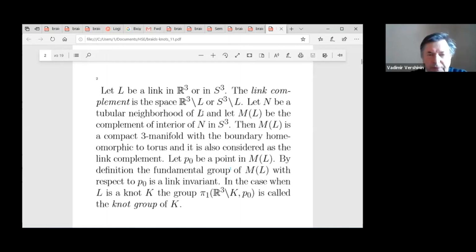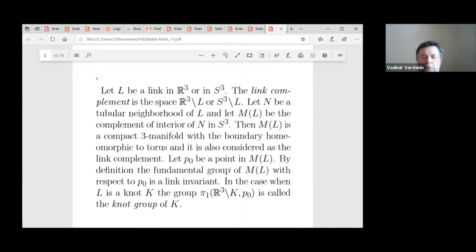We were considering this when we were looking at polyhedra, and so N is topologically a solid torus. This is not a solid torus, actually, right? And ML we denote the complement of N in S3, the interior.